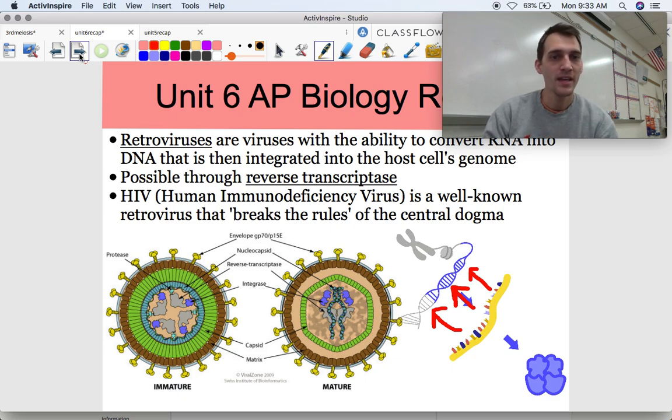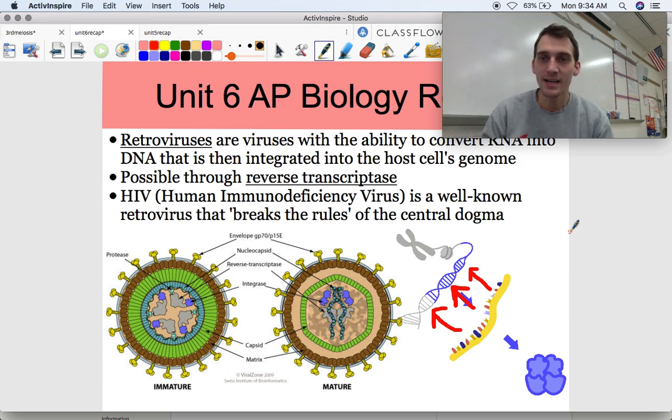So human immunodeficiency virus, better known as HIV, is a well-known retrovirus that breaks the rules of the central dogma. Somebody who has HIV, somebody who is HIV positive, is HIV positive for life.